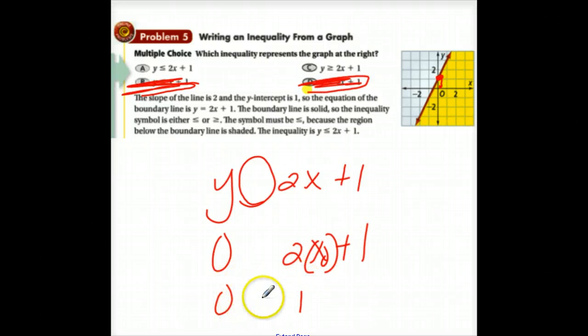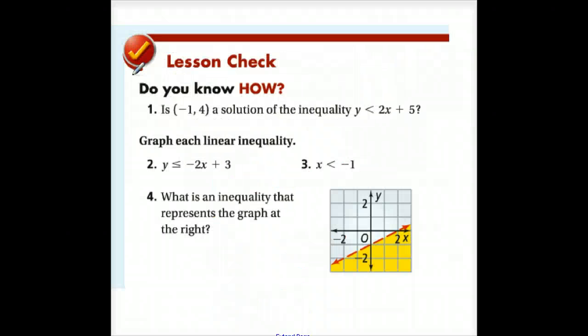I need 0 to be less than 1 at the end. So my inequality is y is less than or equal to 2x plus 1, which is choice A. So just be really careful when you're looking at your graphs. All right, please complete the lesson check 1 through 4 for class.